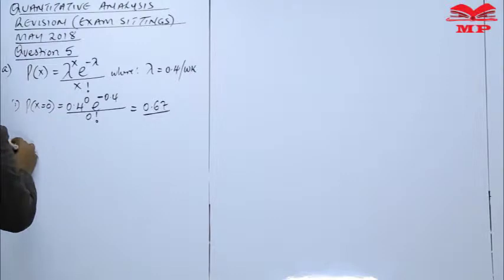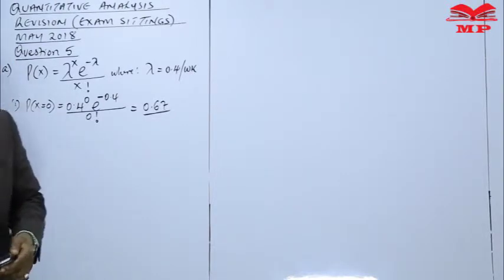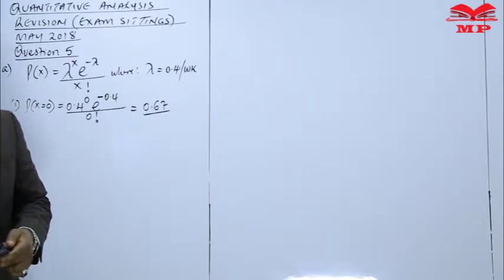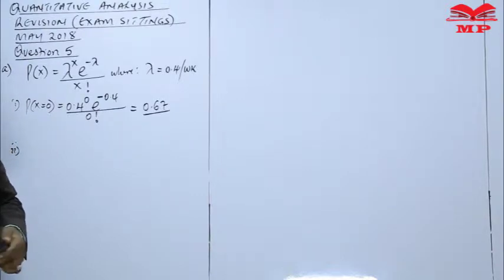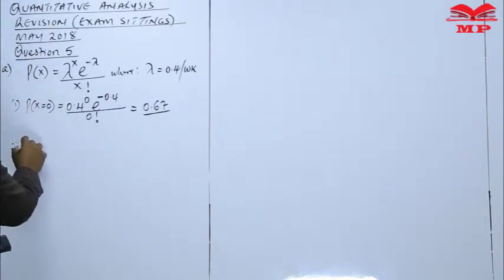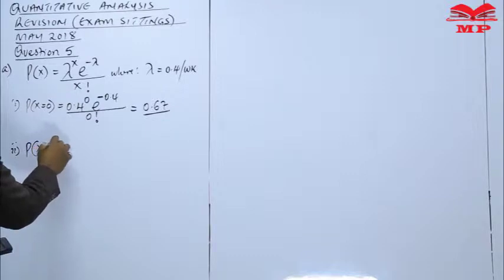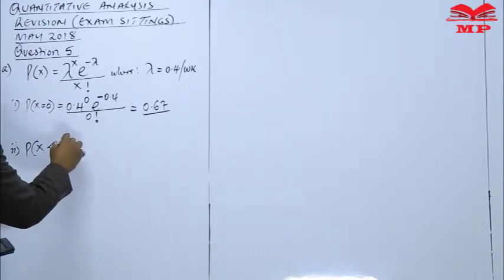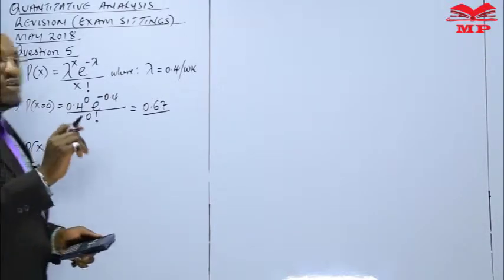So Roman 2, you have been asked the probability that at most 2 transformers. At most 2 means x is less than or equal to 2. At most, 2 is the highest.